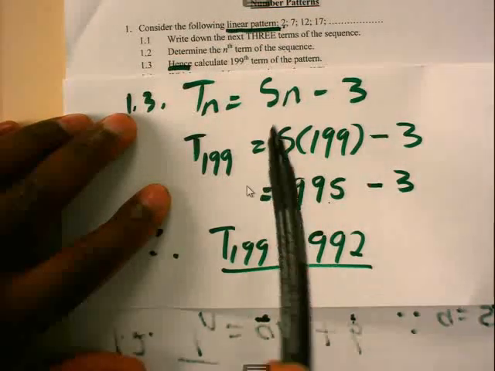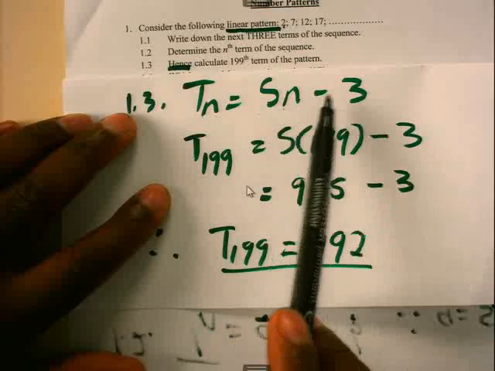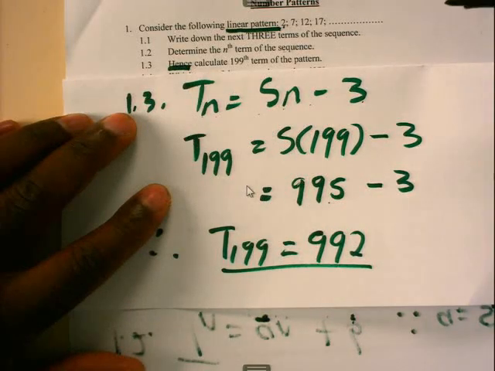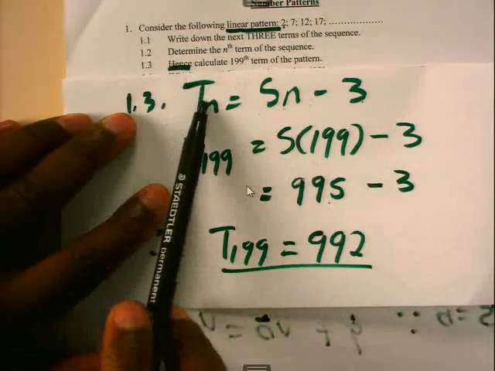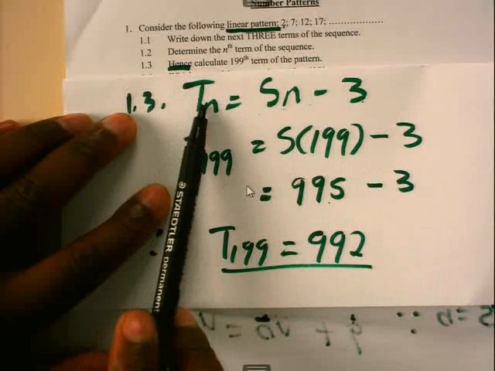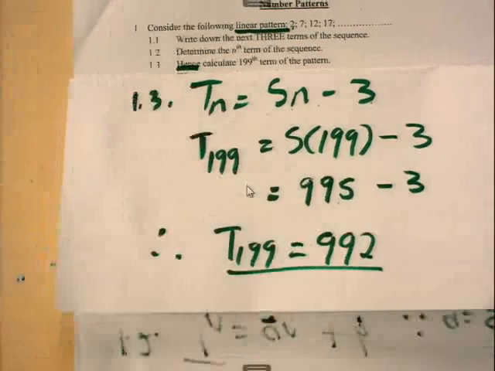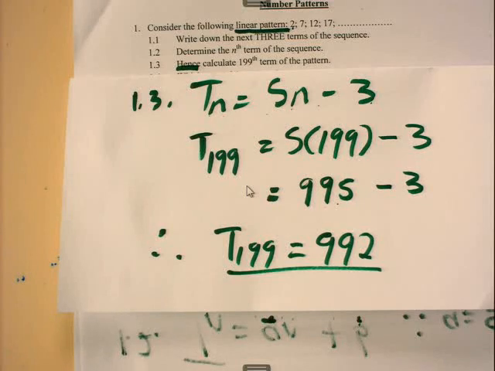The nth term of the sequence was Tn is equal to 5n minus 3. The word hence means from the above solution, solve this one. Hence, we used the solution that we got in 1.2 to solve 1.3. I hope we're still going on well. We are happy with 1.3.